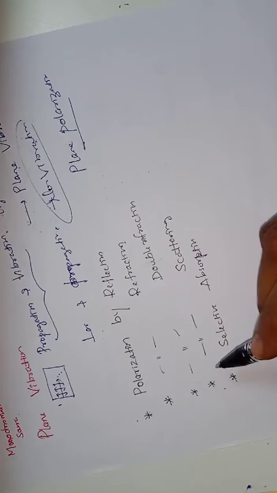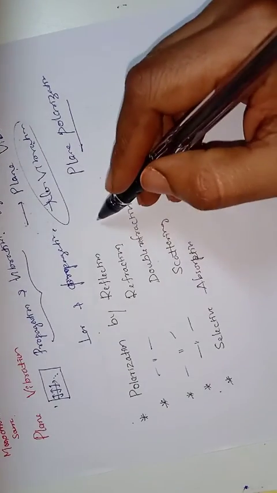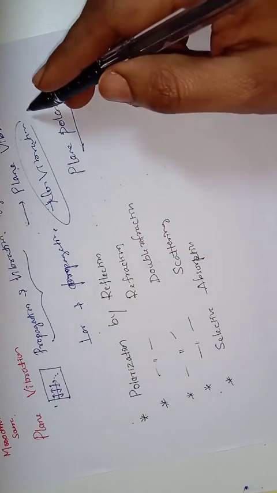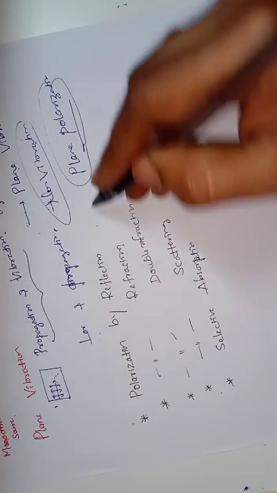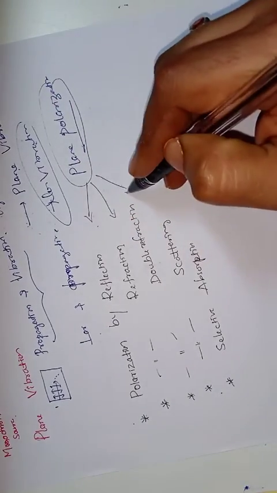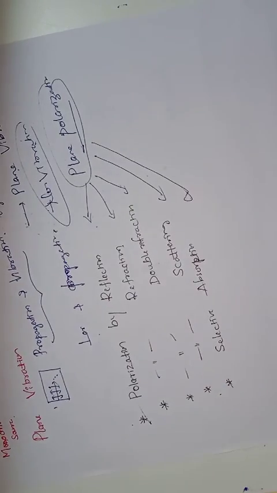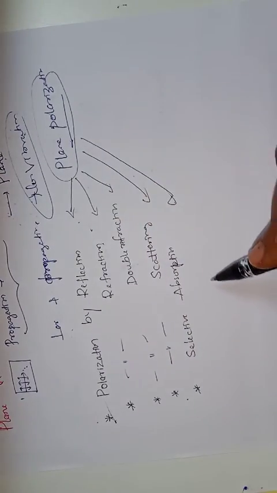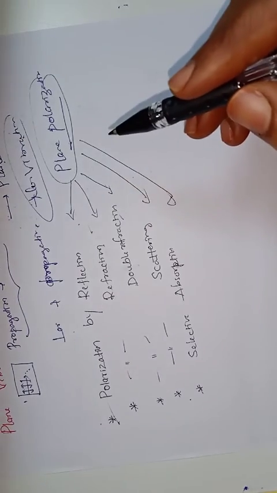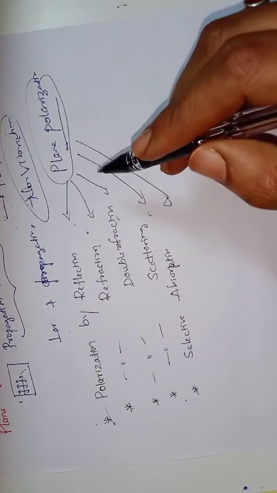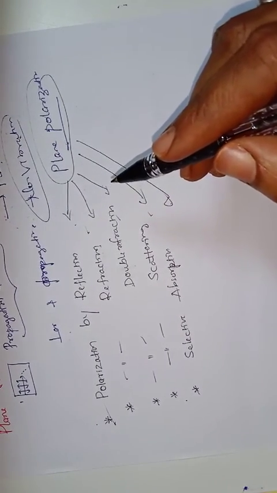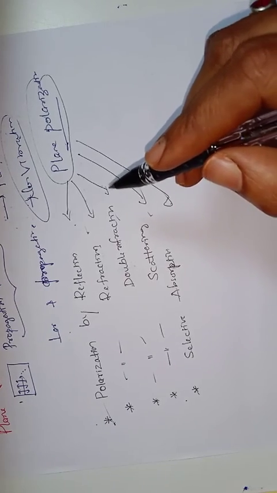So there are 5 methods by which we will get plane polarized light: polarization by reflection, polarization by refraction, polarization by double refraction, polarization by scattering, and the other one, selective absorption.